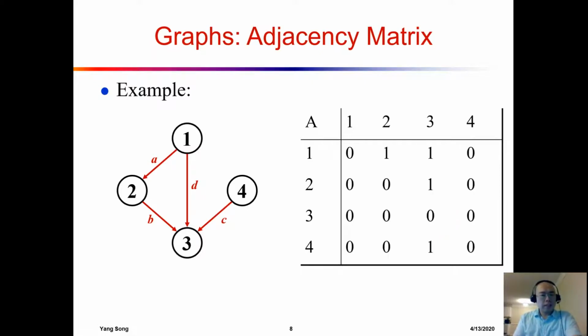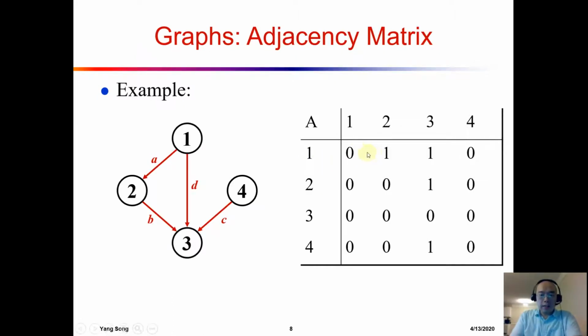We have to define how we say from node 1 to node 2. For example, node 1 and node 2 are connected. The rule is, we pick the first node from a line, that is line 1, and then the target node is on the y-axis.